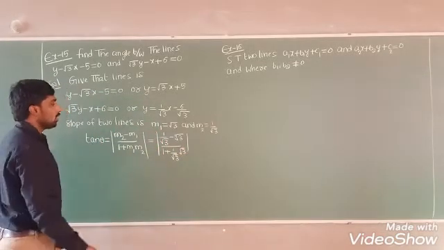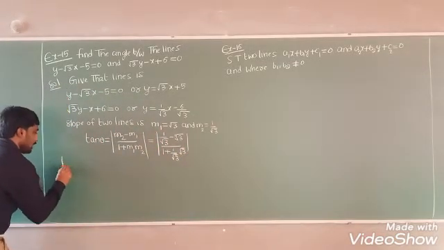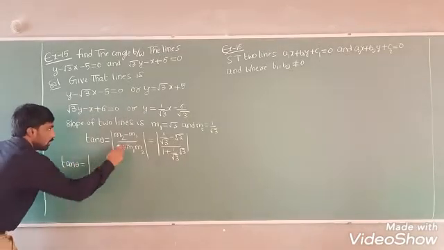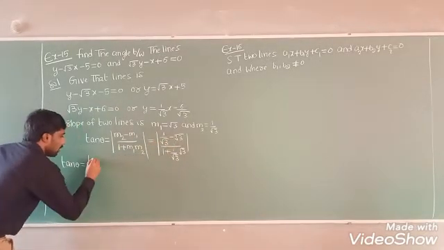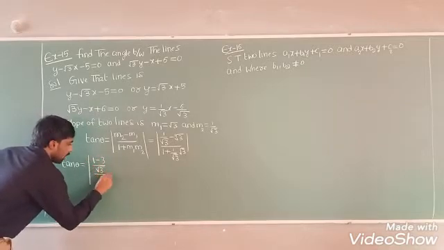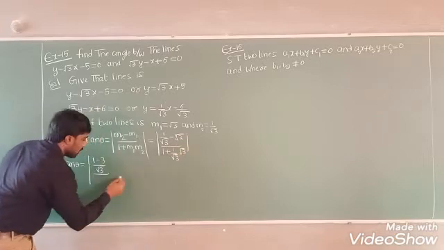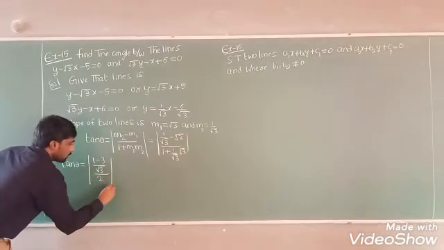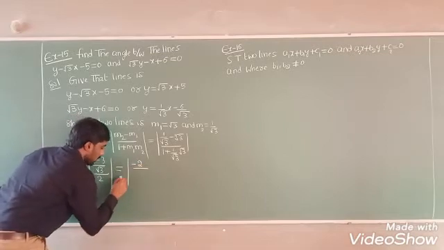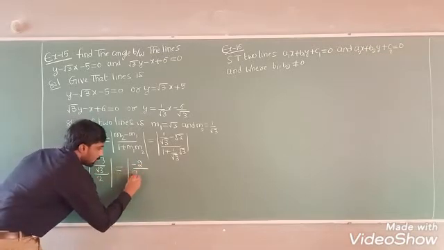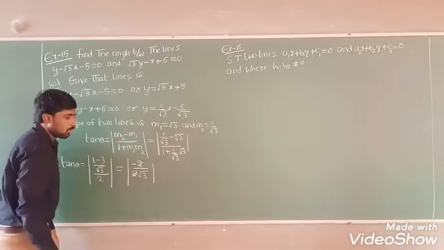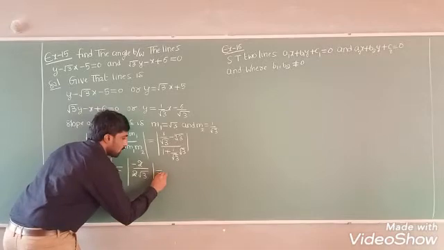If I take the LCM, I get tan theta equal to (1 minus 3) by root 3. In the denominator, the root 3 gets cancelled, and I get minus 2 by 2 into root 3. The 2 gets cancelled. What am I getting? Minus 1 by root 3.